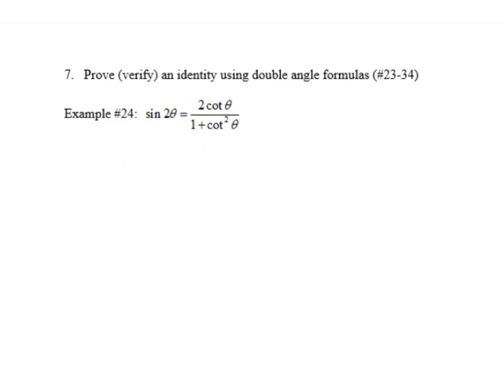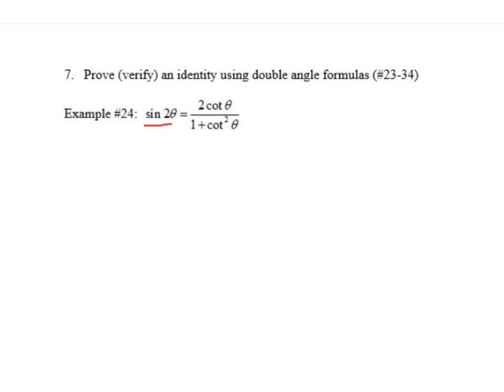And here we have verifying an identity again, and these are getting cumulative, so now you could very often have a double angle inside of an identity. So we have something very simple. On the left we have sine of 2 theta, which we know is going to turn out to be 2 sine theta cosine theta. That's what we're working towards.